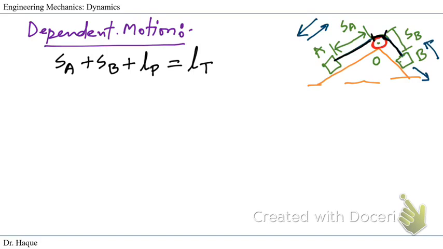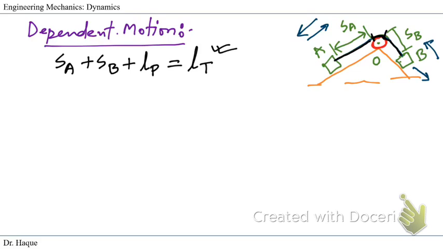So this is fixed. No matter how much B moves downward or upward, and A moves upward or downward, the LT is fixed. This is the one equation that we have. No matter what, this equation is always valid.